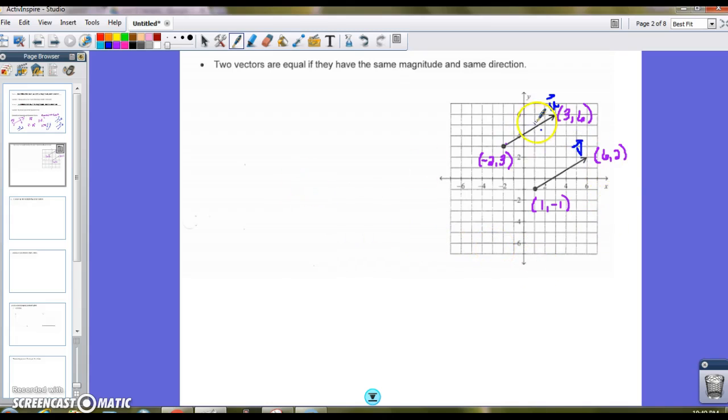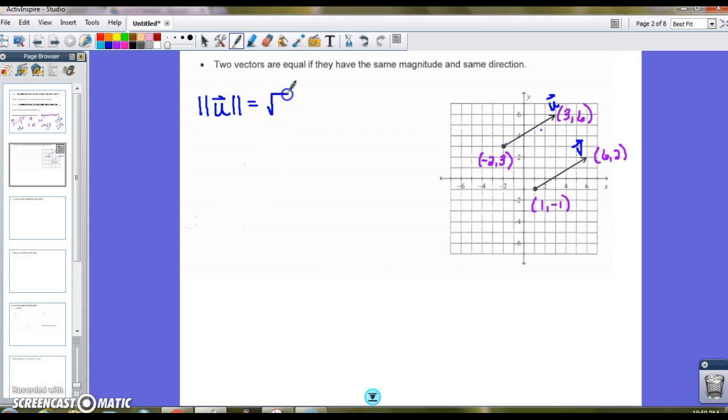I put in the points already, the initial and terminal points of my vectors. I have the coordinates of those, so I went ahead and put those in. Let's find the magnitude of those vectors. Let's talk about the magnitude of U first.